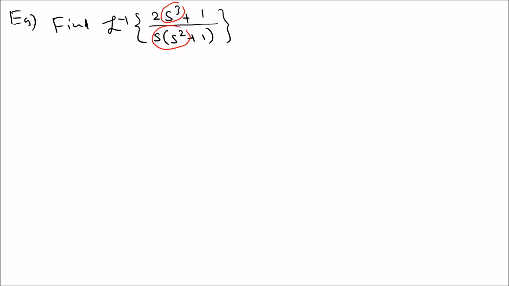Since the degrees are equal, what will happen when you write the partial fraction? You're going to get an answer like this. This is going to be L inverse, because when you divide, even if you use long division, you're going to get 2 plus something. Now the problem is, this is a constant.